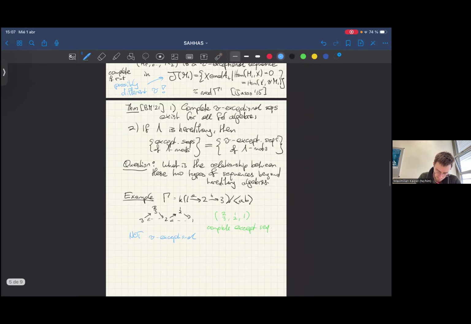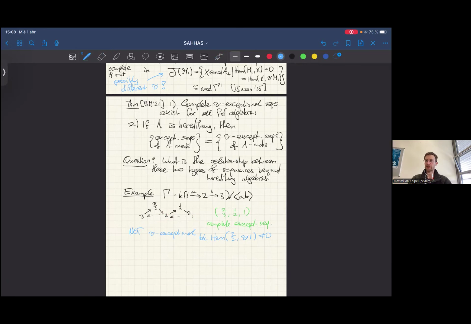So in particular, we need that Hom of (2,3) to tau of 1 to be 0, but this tau of 1 is 2, so this is not 0. So this cannot be a tau exceptional sequence, because this is not vanishing.